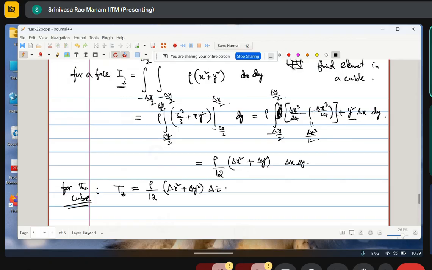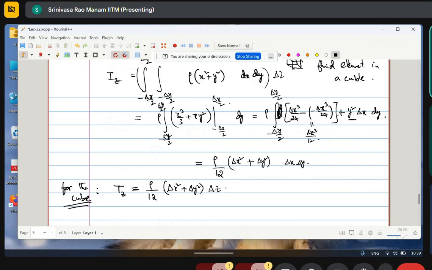For a face means what? Divided by Iz into delta. For a face, moment of inertia. So Iz is not along the full z, the full cube. For the face, moment of inertia for the face. If I really want to put it that way, the moment of inertia for the full cube is basically this thing into delta z.